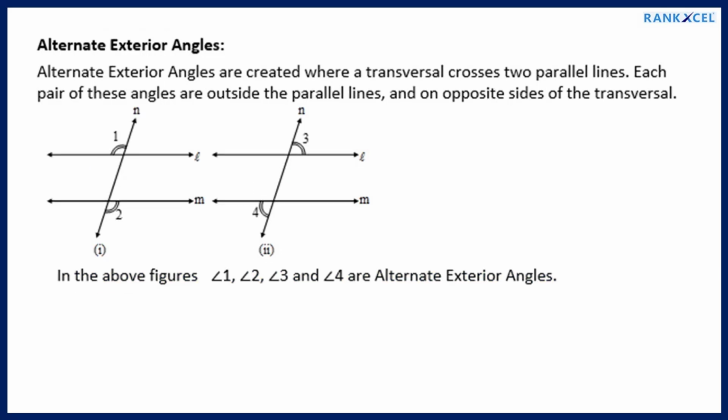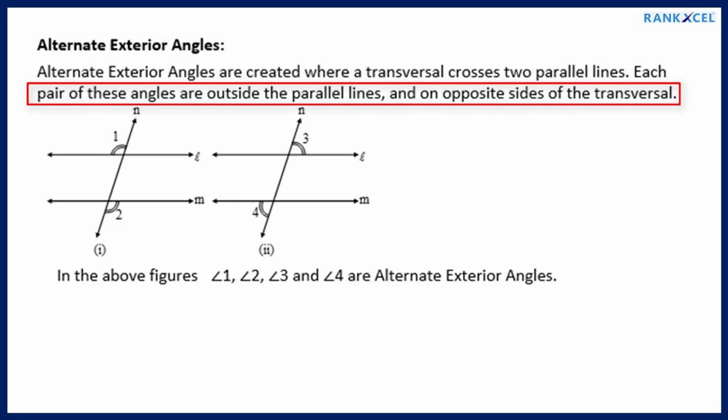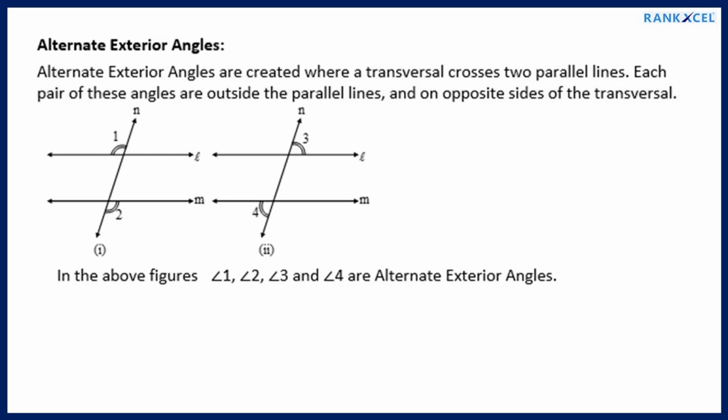Alternate exterior angles: alternate exterior angles are created where a transversal crosses two parallel lines. Each pair of these angles are outside the parallel lines, and on opposite sides of the transversal. In the above figures, angle 1, angle 2, angle 3 and angle 4 are alternate exterior angles.